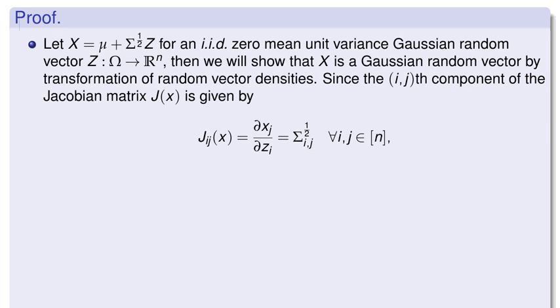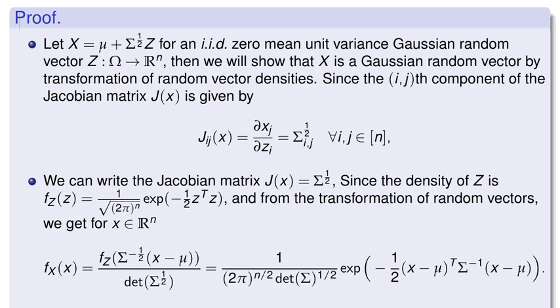The Jacobian matrix of z with respect to x is Sigma to the minus 1/2. Its determinant is the determinant of Sigma to the power minus 1/2. The transformation rule is f_x of x equals f_z evaluated at z of x times the absolute value of the determinant of the Jacobian of z with respect to x.